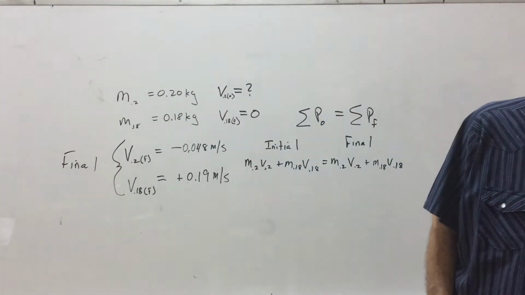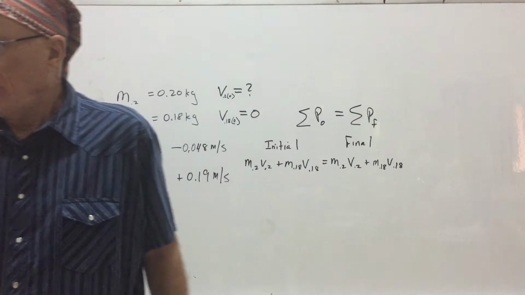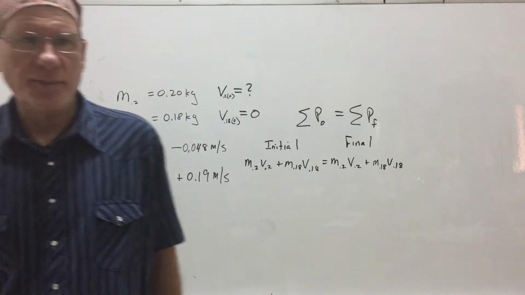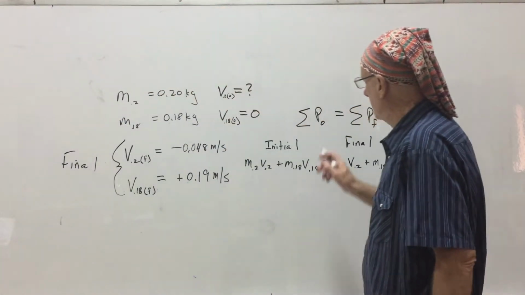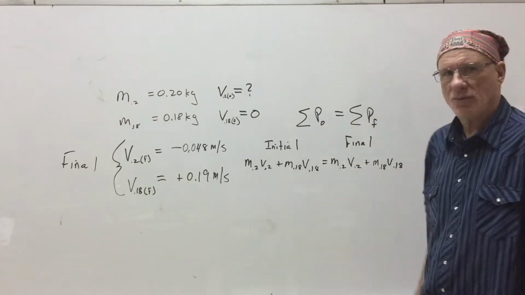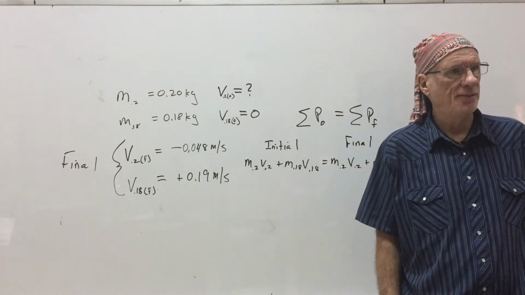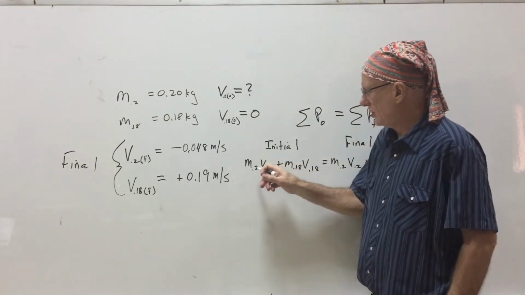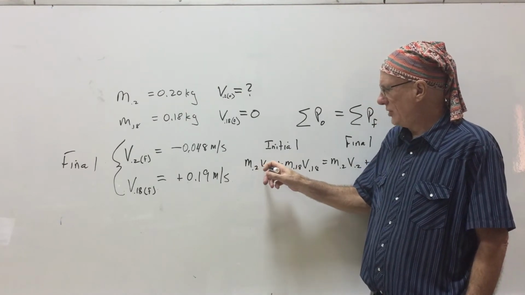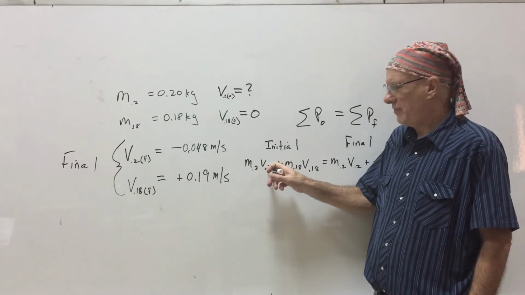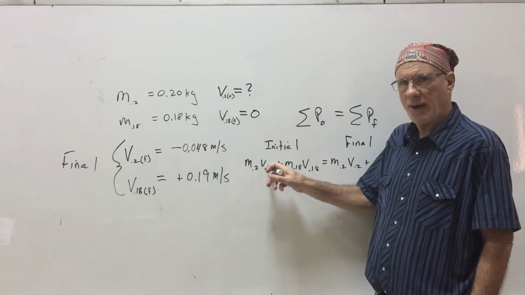Now we know that the initial momentum and the final momentum, the sums have to equal each other, correct? So here's the initial. The mass of 0.2 times the velocity of the 0.2 object, correct?